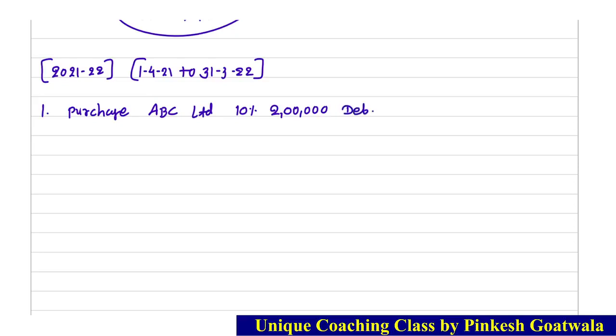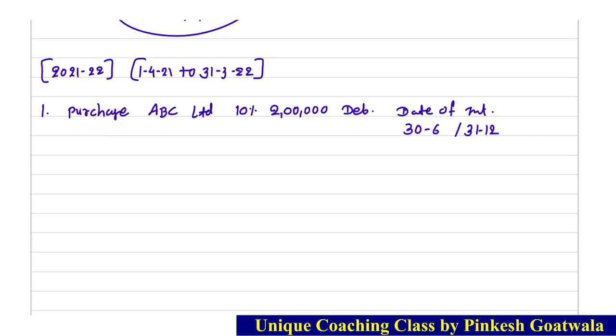Now I just change some things here, the date of interest. Suppose the date of interest is 30 June and 31st December, and he purchased on 1st April 21.